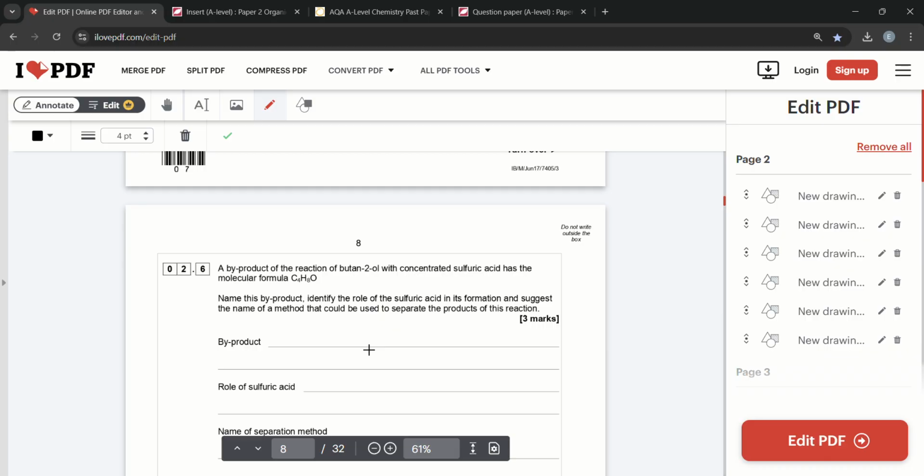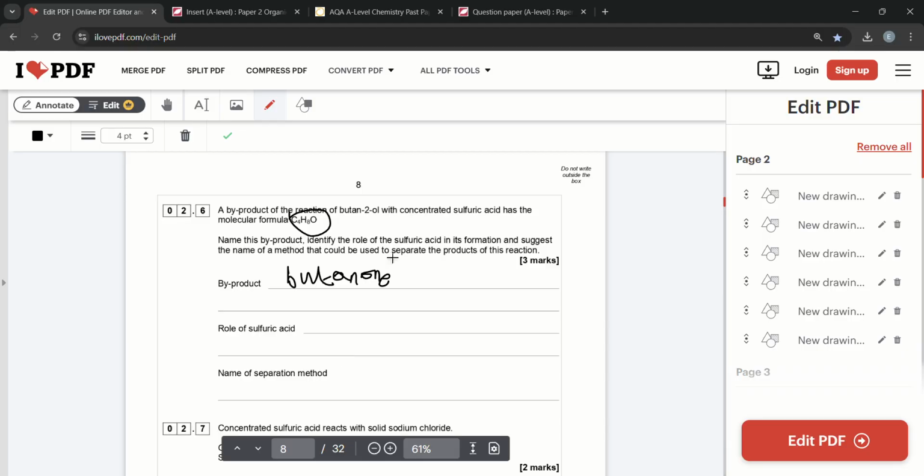Name this byproduct. Molecular formula this, butanone. Identify role of sulfuric acid. Oxidizing agent, not catalyst.